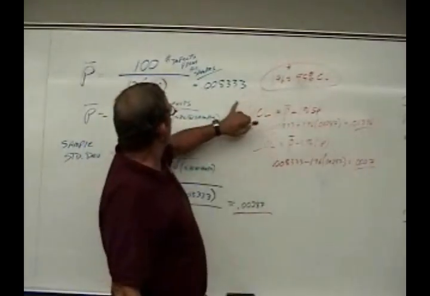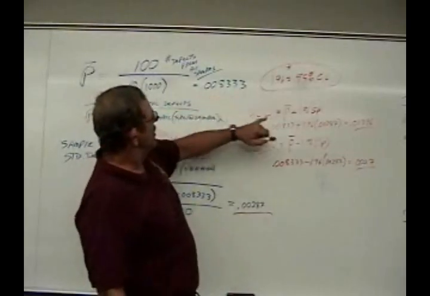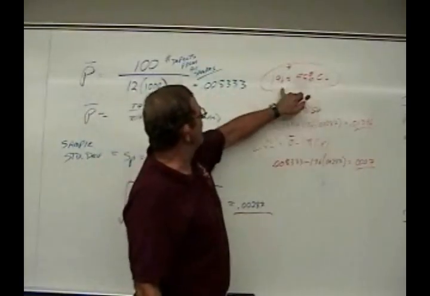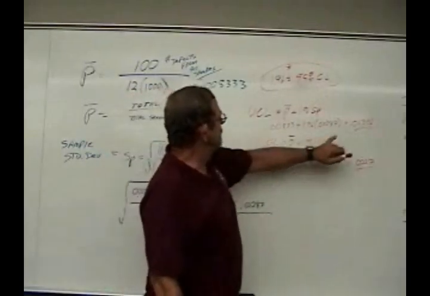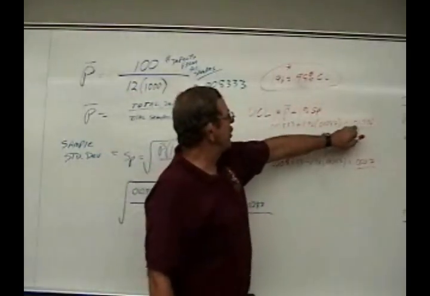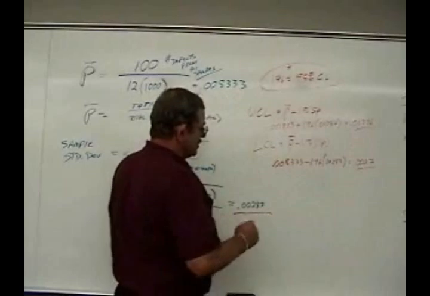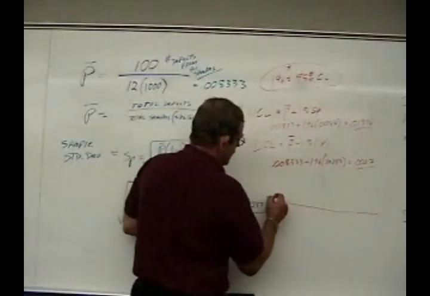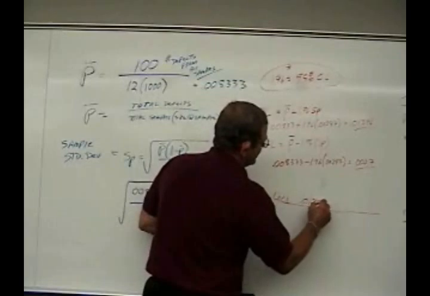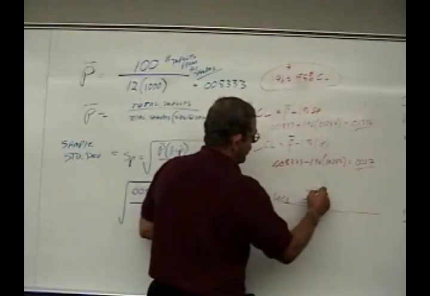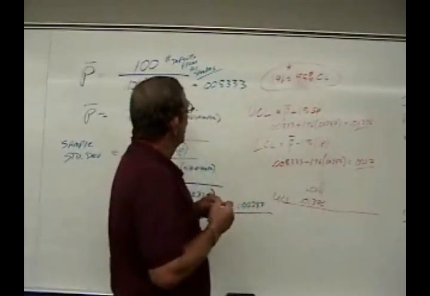So, using those numbers, P-bar plus 1.96 times our standard deviation gives us 0.01396. So our upper control limit is going to be 0.01396, or if you want to round it off, 0.014.